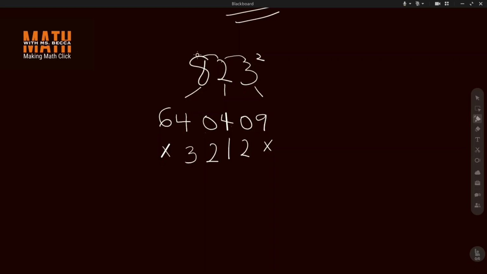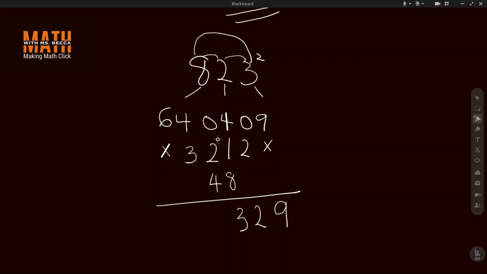Then the next thing will be to multiply 8 by 3 and then double it. 8 times 3 is 24. Double 24 is 48. So this time around, the 48 will be under the center digits. Then we add. We have 9 here. We have 2. 4 plus 1 is 5 plus 8 would give 13.